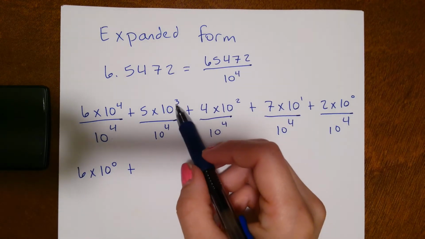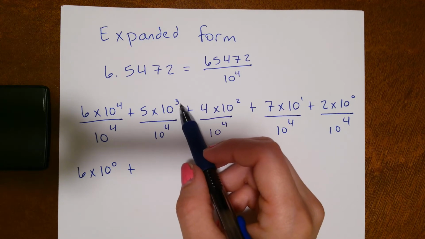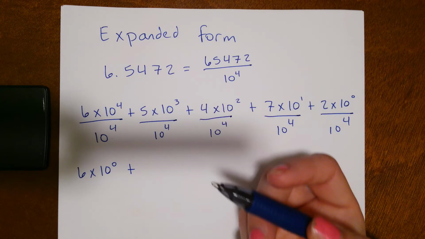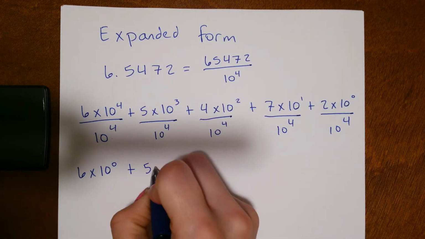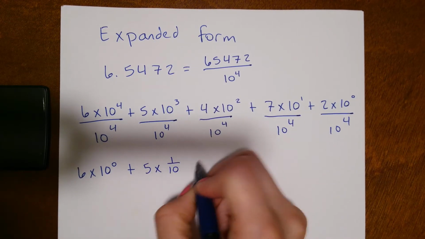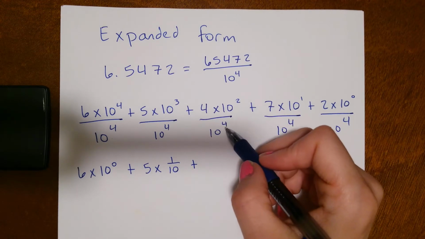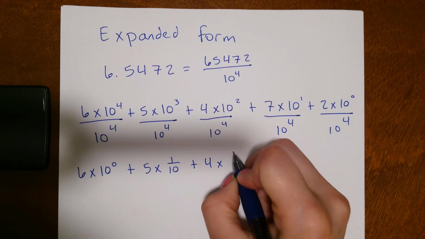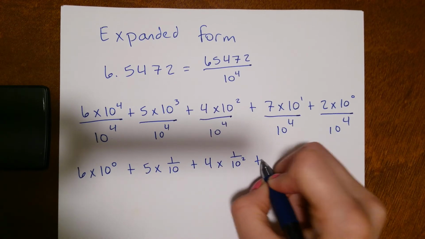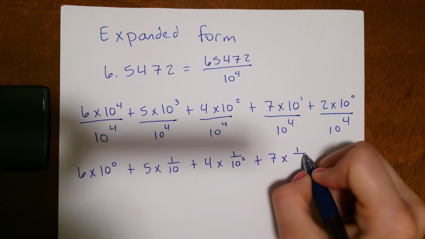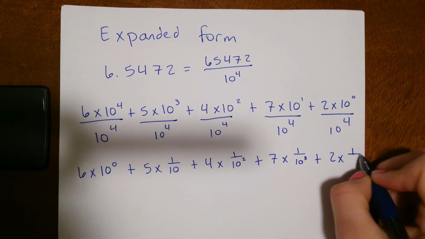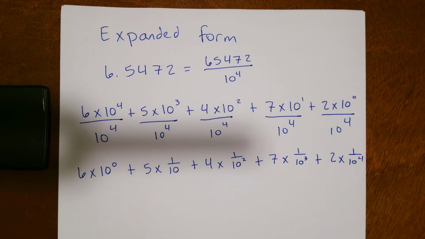Plus, I have 3 10s multiplied together up top, 4 on the bottom. So 3 of those will cancel out, leaving me 1 on the bottom. So I get 5 times 1 over 10. Likewise, 2 on the top, 4 on the bottom. 2 will cancel out, leaving me 2 on the bottom. So I get 4 times 1 over 10 squared. So 7 times 1 over 10 cubed plus 2 times 1 over 10 to the 4th power.